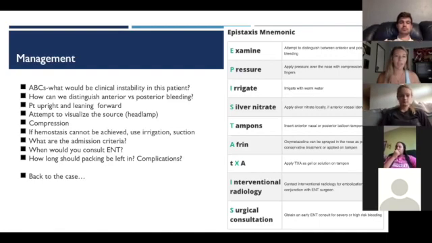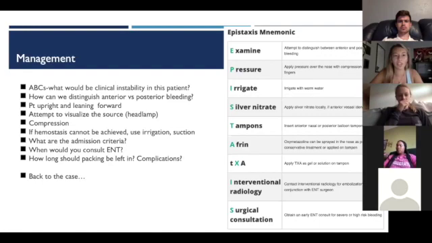If you think they might have a neoplasm, that's another reason. And then also for structural abnormalities. So if you're examining them and you notice abnormalities or a mass in the nose or something like that, that's definitely something that you'd want to contact ENT for.